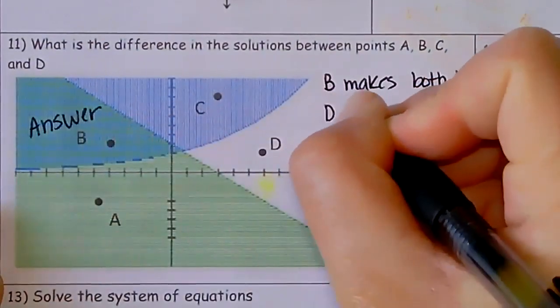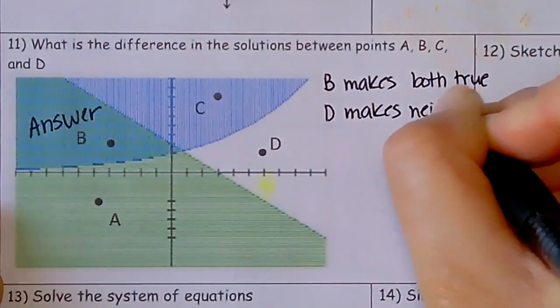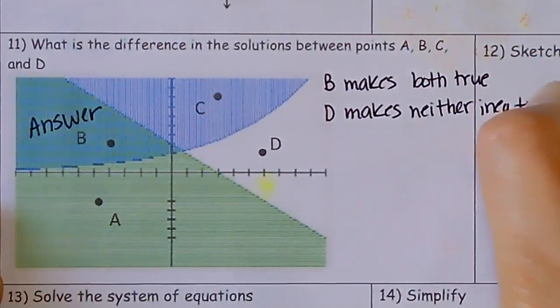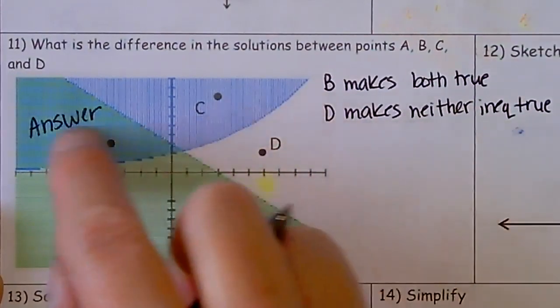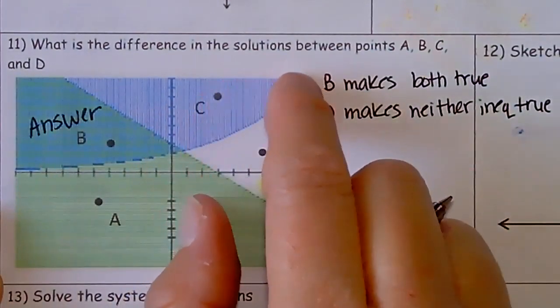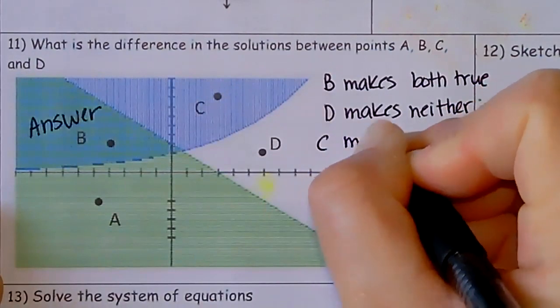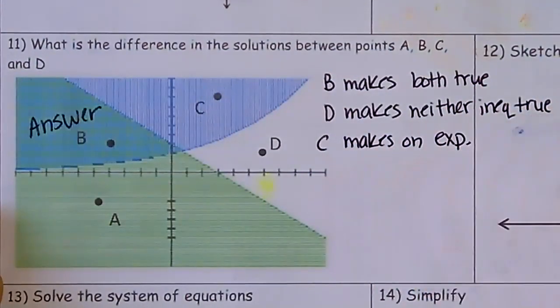D makes neither true. Makes neither inequality true. Okay. C is right here, okay? C is making the exponential true. So C makes only, I'm going to abbreviate exponential, okay?